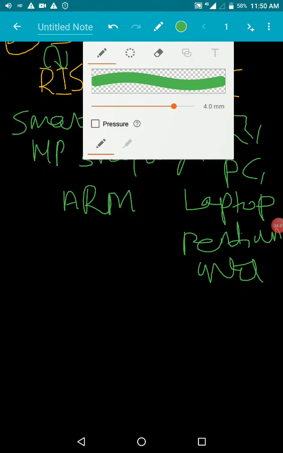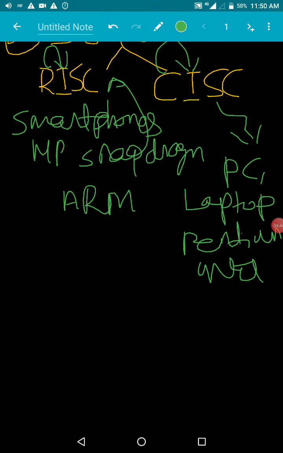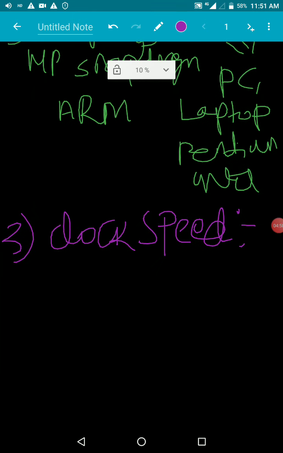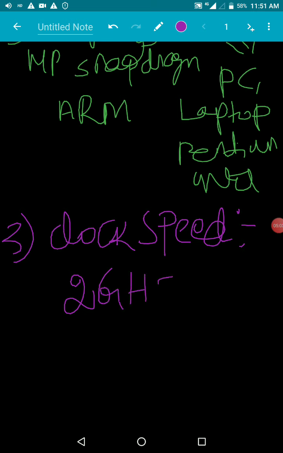Then another important feature is clock speed. Clock speed is one of the important features which is used to measure the speed of the microprocessor. For example, 2 gigahertz. Here, hertz means cycles per second.